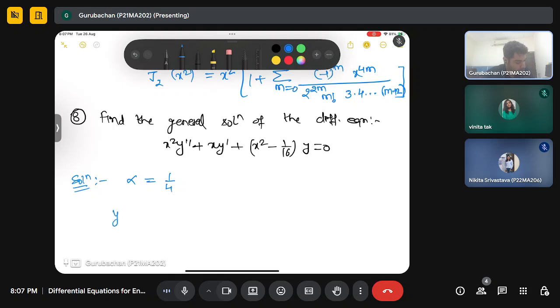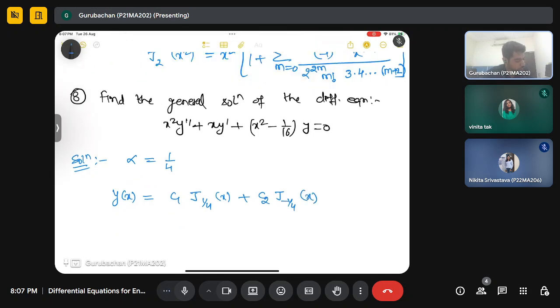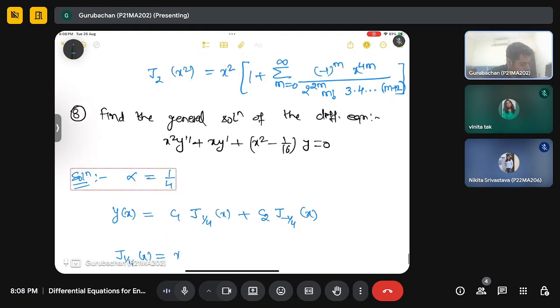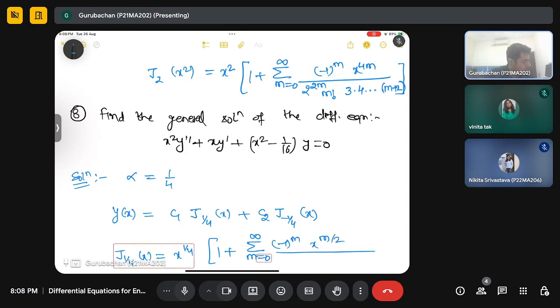Your solution of this is nothing but c1 J 1 by 4 of x plus c2 J minus 1 by 4 of x, where this J 1 by 4 of x is your solution, which is like this: x to the power 1 by 4, times 1 plus sum from m equals 0 to infinity, minus 1 to the power m, x to the power 2m by 2 to the power 2m, m factorial.